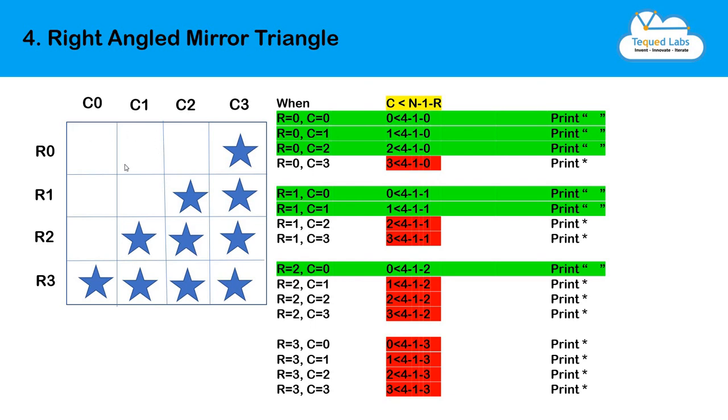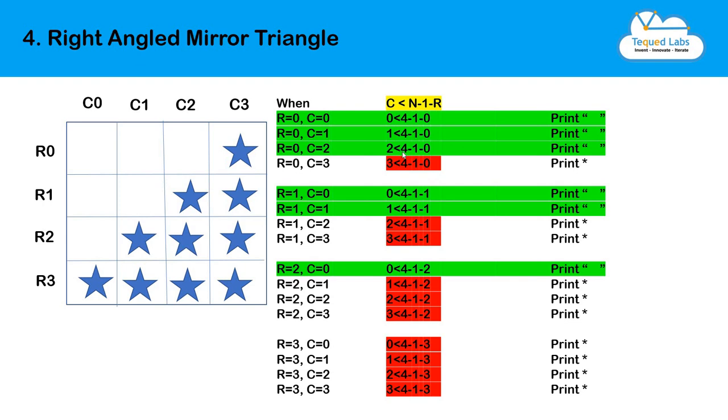Now let us move on to the next cell. R is 0 and C is 1. After substitution, we get 1 less than 4 minus 1 minus 0. Is 1 less than 3? Yes, 1 is less than 3. So you print a space here. Moving on to the next cell. R is 0, C is 2. After replacing, we get 2 less than 4 minus 1 minus 0.